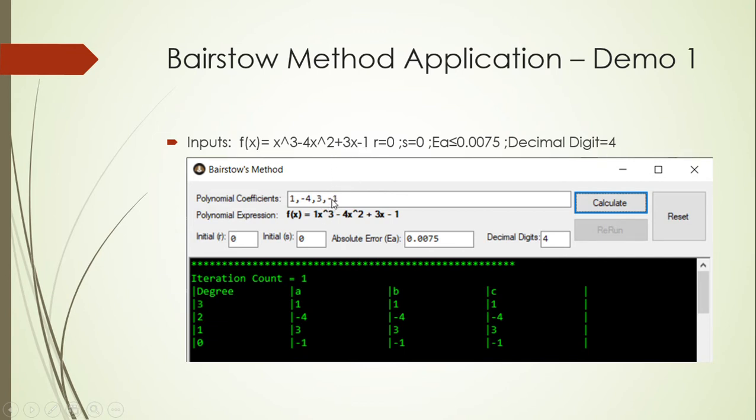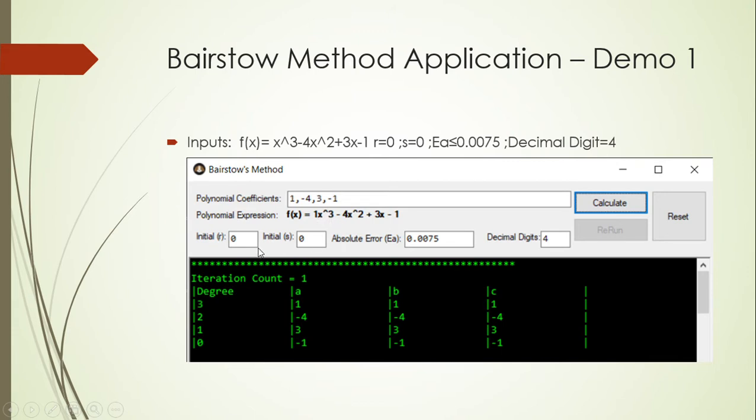Once we put all the values, the program will automatically give us the function: 1 x cubed, because it reads this value, minus 4x squared plus 3x minus 1.